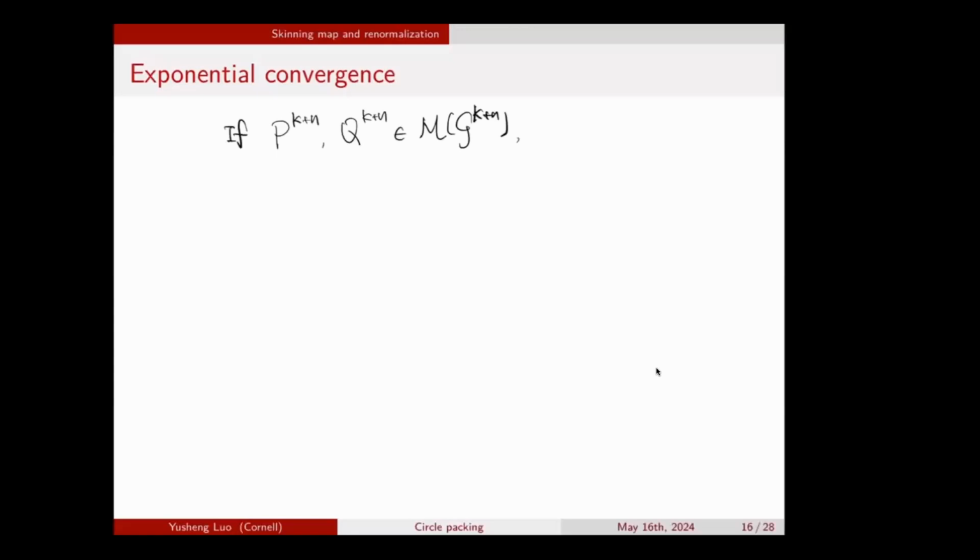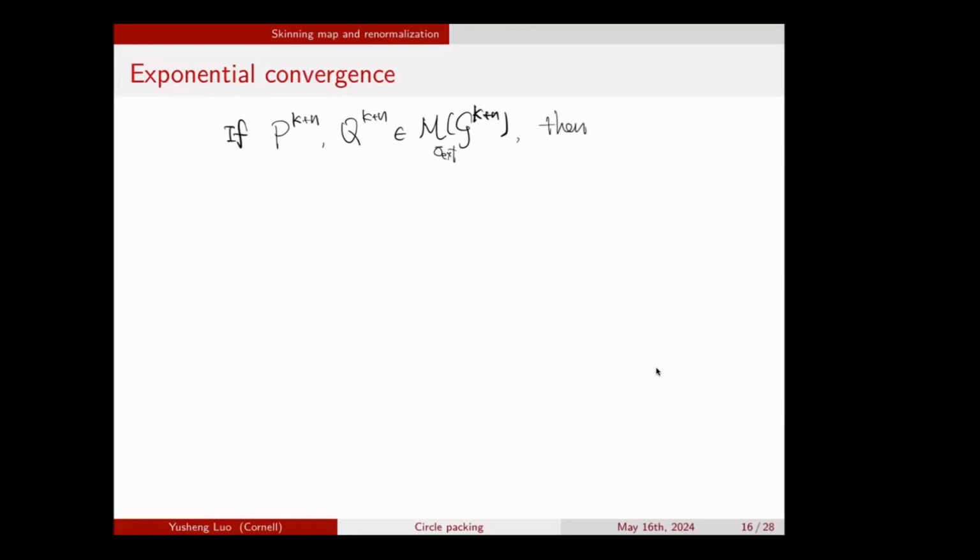So this moduli space is the product of Teichmüller spaces, and in particular we have one factor coming from the Teichmüller space of the external face. And we assume they have the same external parameter here.